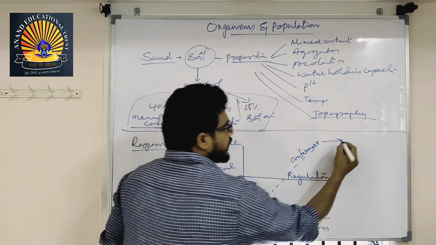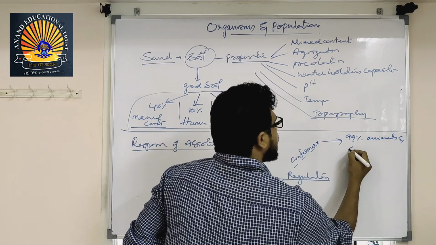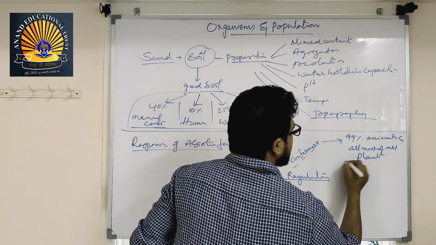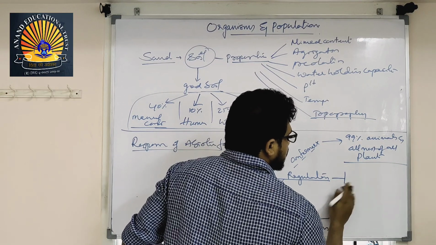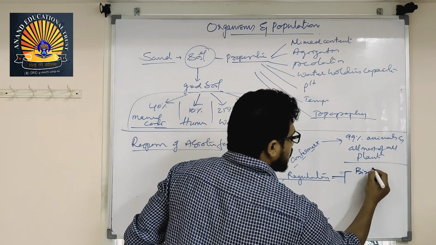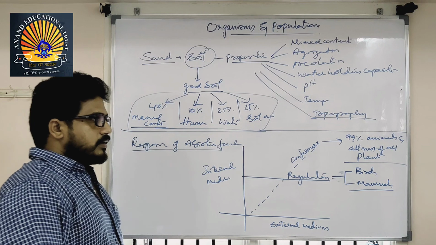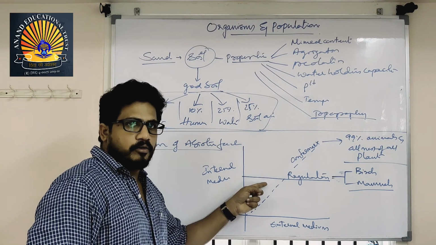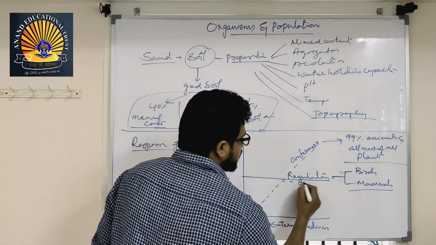Who are conformers? 99% of animals are conformers, and almost all plants in the living world are conformers. Whereas regulators, birds and mammals, these are examples. The external medium cannot be maintained lifelong. Till some point they are maintained, later they fail.